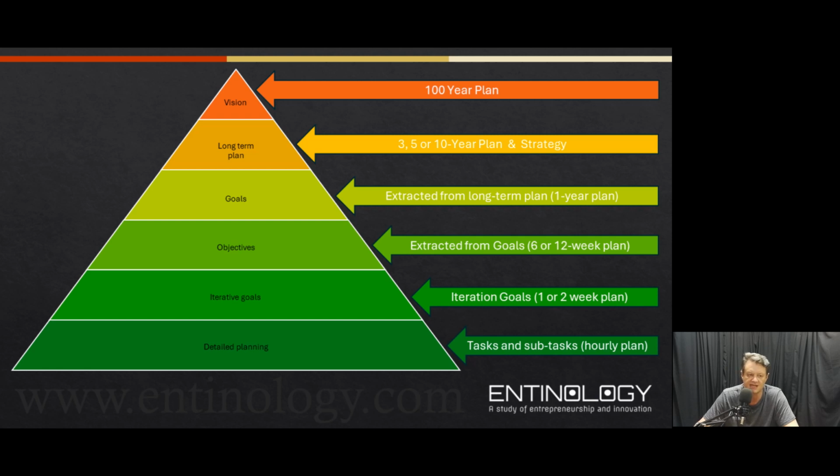Now, objectives depend on what methodology you want to use to execute the work. Let's say it's Scrum, and you use a 1-week iteration because you're executing Scrum using XP or whatever. You want to use just a 1-week sprint. Therefore, your objectives will be tracked at a 6-week plan.